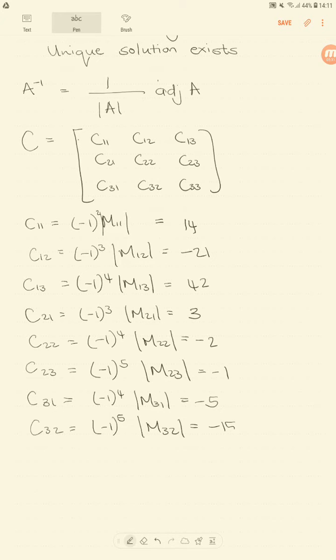This is equal to minus 15, and C33 is minus 1 to the power of 6 times the determinant of M33, which is equal to minus 10. This is equal to plus 15.